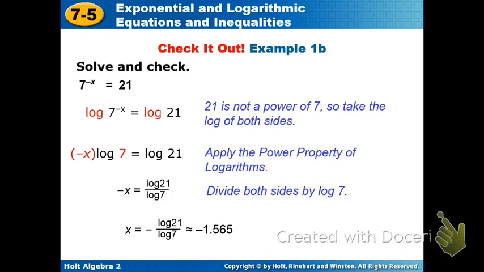When you divide that out, remember that this was initially a negative x. So when you divide that, you got that positive 1.565. You cannot leave the negative, so make sure you take that last step. And you got a negative 1.565. All right? Any questions on that one?